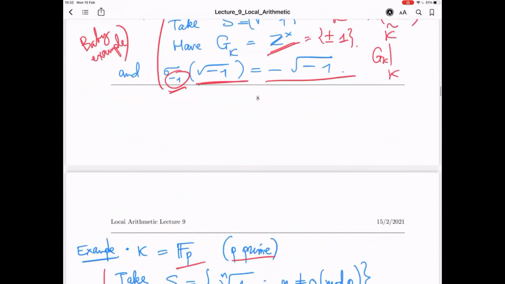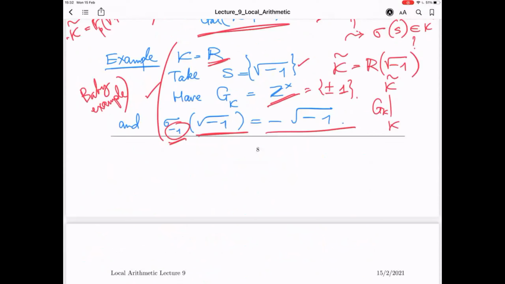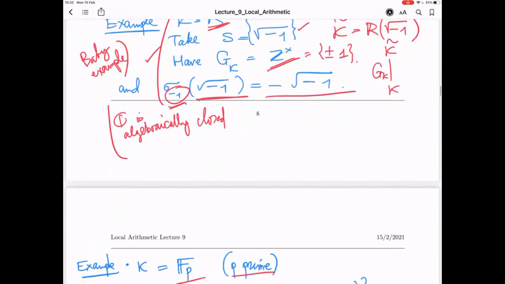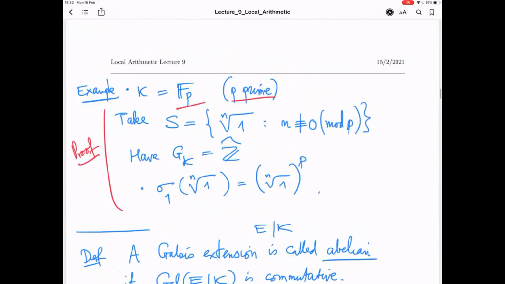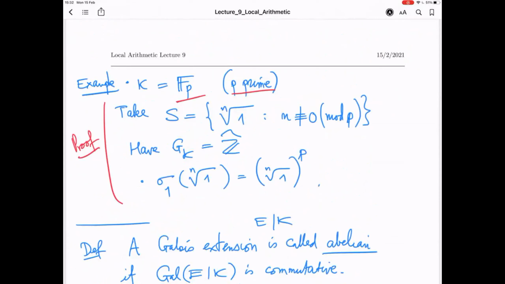In the case of R, the proof is that C is algebraically closed, and that's not an obvious fact either. But here it's even less obvious that you obtain the maximal Galois extension of Fp by just adjoining the nth roots of 1 for every n which is prime to p.